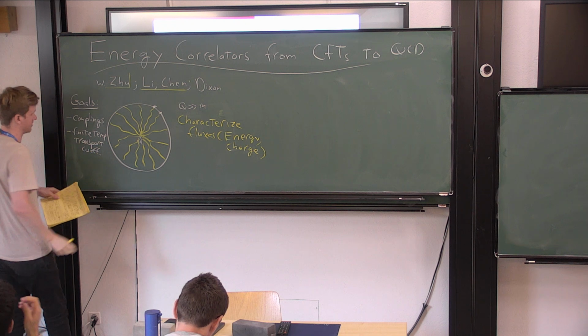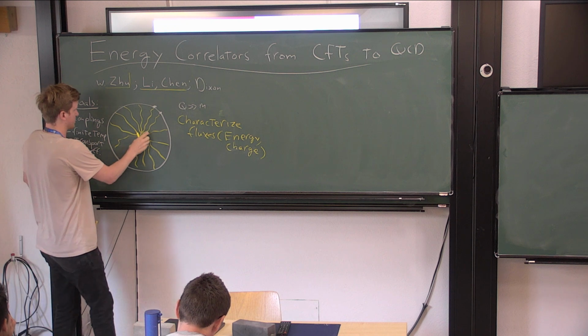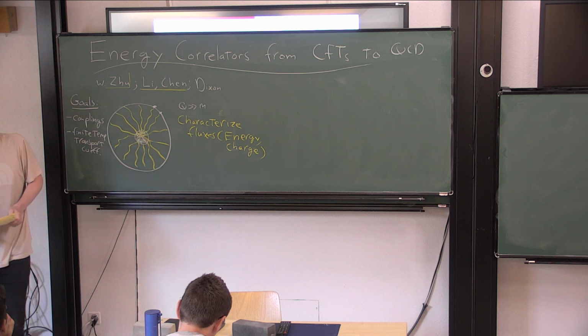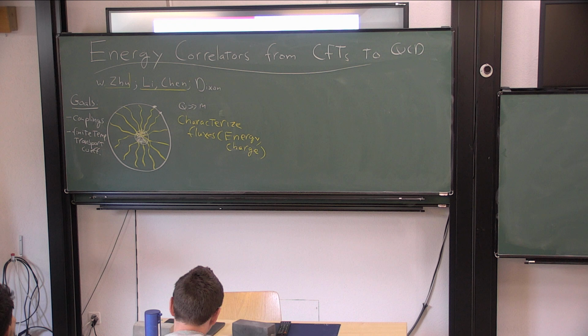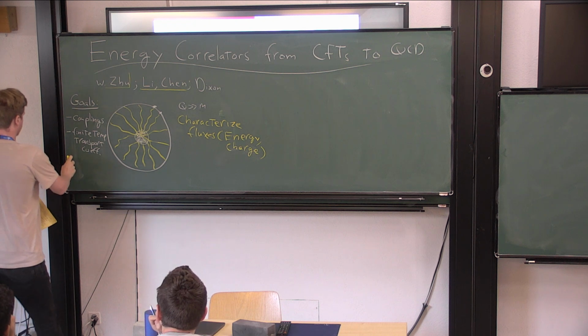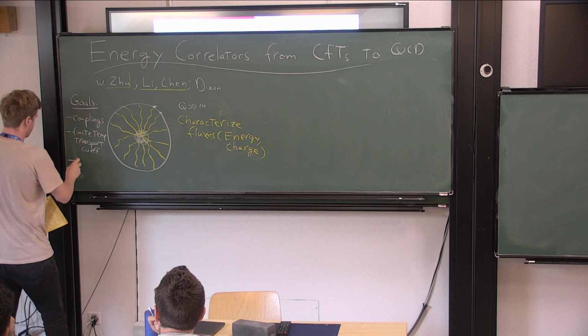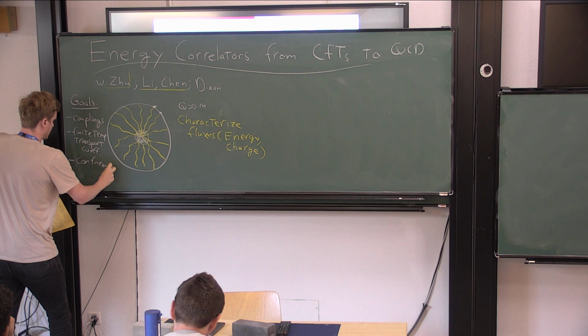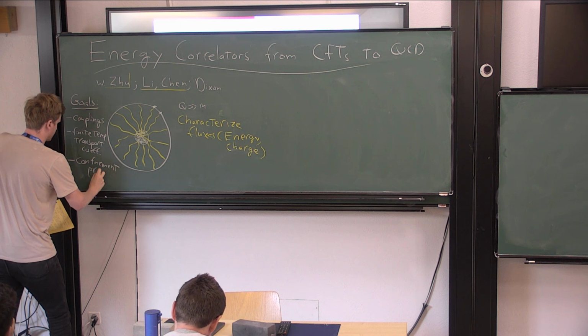This can be realized in the real world by making some kind of quark-gluon plasma and measuring its properties. Or if you're in this collaboration, you might want to understand the confinement process.